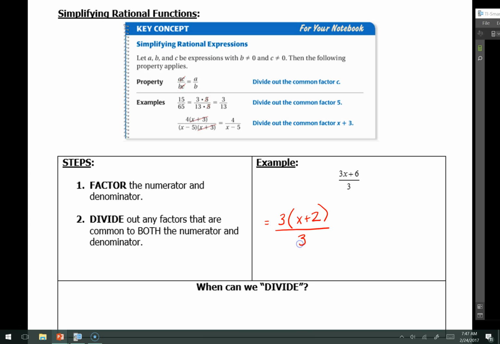And then once I've done that factoring, you can see that we have 3 times this quantity and it's divided by 3. So because this is held together with multiplication, those 3's divide out and it leaves us with the simplified expression x plus 2. And that's our final answer for that one. It's fully simplified. So we can divide anytime we have a factor.